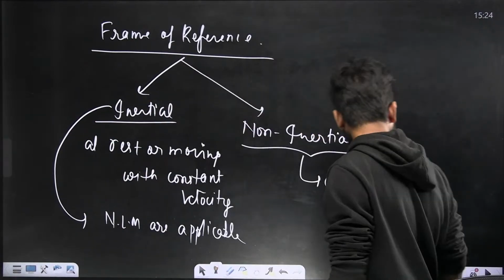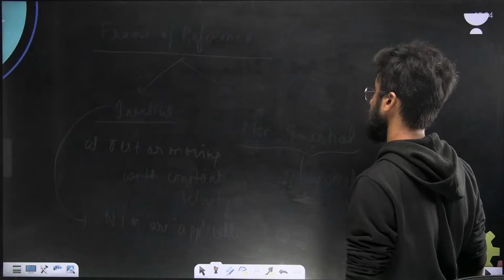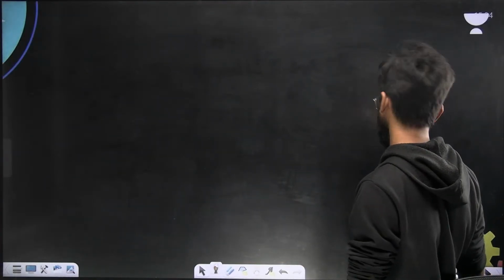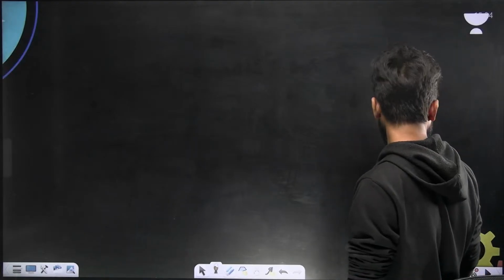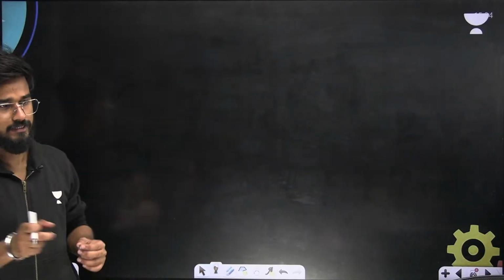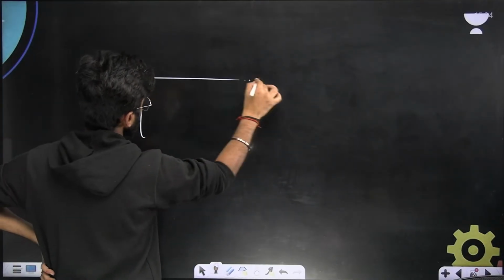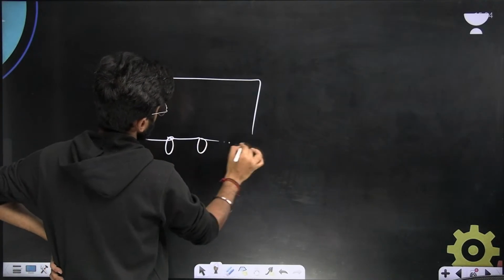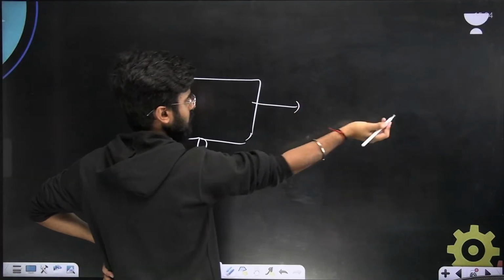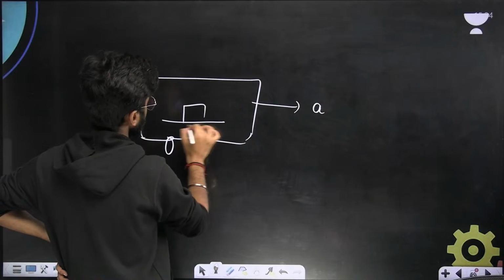Got it? Okay, I'm not writing the definition. I'll just solve something for you, to show how you will solve these. Suppose this is the bus, and it is moving in this direction with acceleration a, and this is an object of mass m kept on a table.